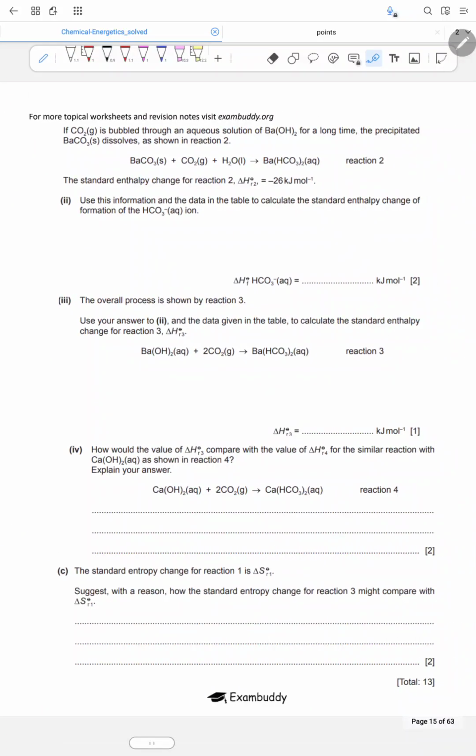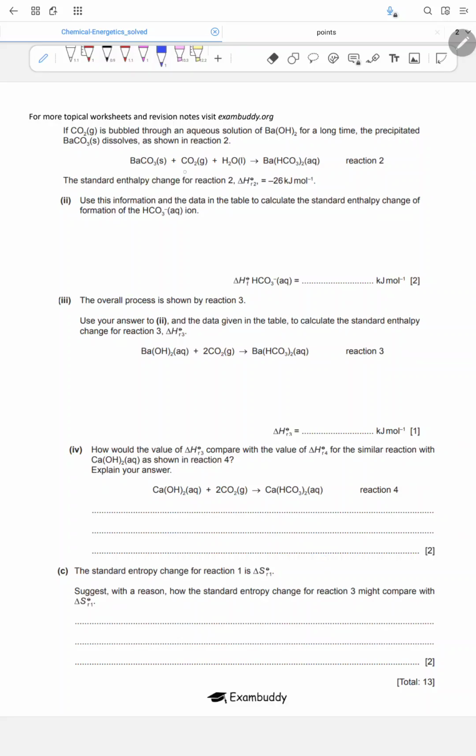Let's move on to the next question. If carbon dioxide is bubbled through an aqueous solution of barium hydroxide for a long time, the precipitate barium carbonate dissolves, as shown in reaction 2. The standard enthalpy change for reaction 2 is minus 26 kilojoule per mole. Let's see.